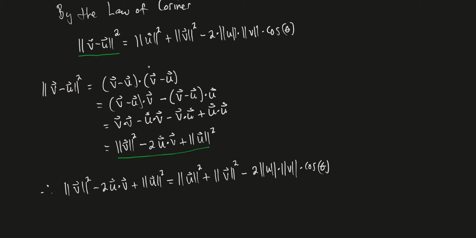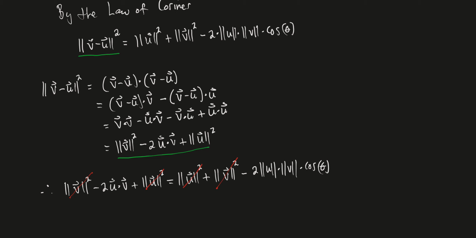Well, what happens here? Let's look closely. On this side, we have the magnitude of v squared. On this side, we have the same term. So that goes. On this side, we have the magnitude of u squared, and on this side we have the same thing. So these two terms go.